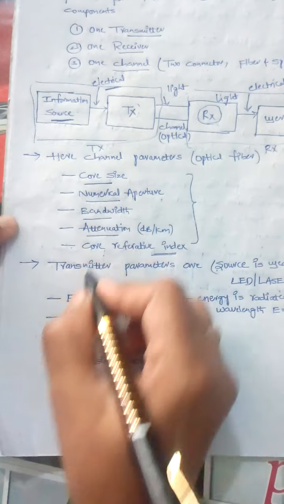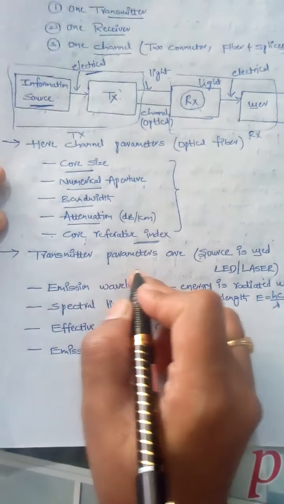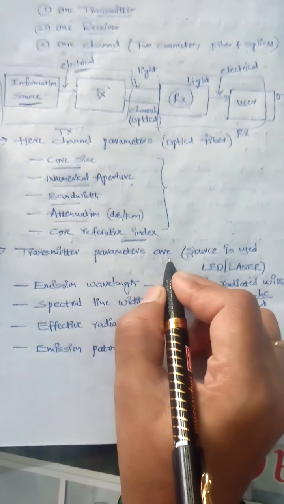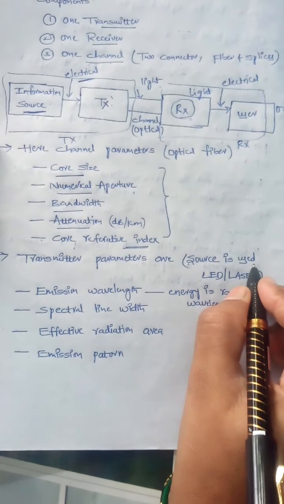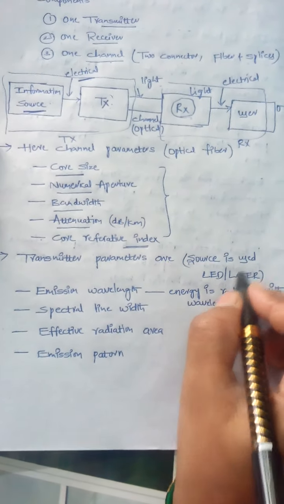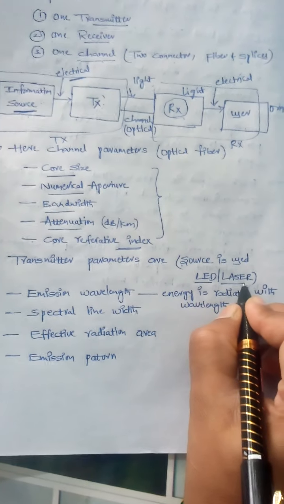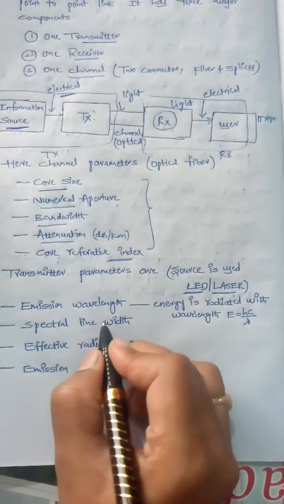Next, we can go to the transmitter side. This transmitter also has some parameters. We are giving the input, and the source used is LEDs or lasers. Any one of these sources you can use on the transmitter side.